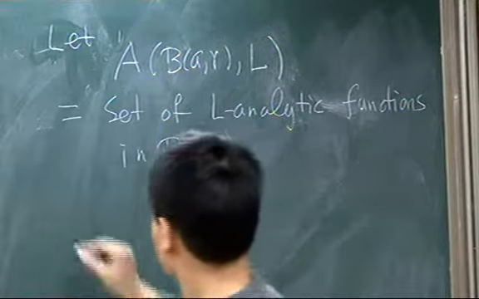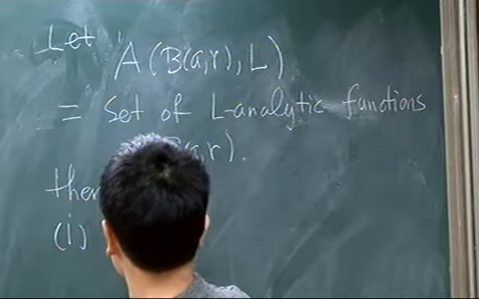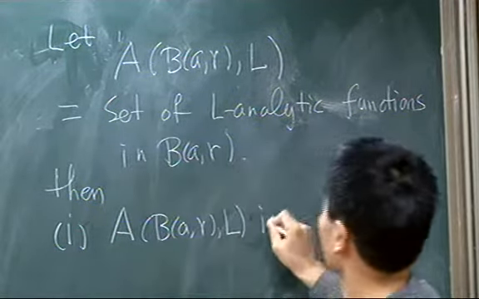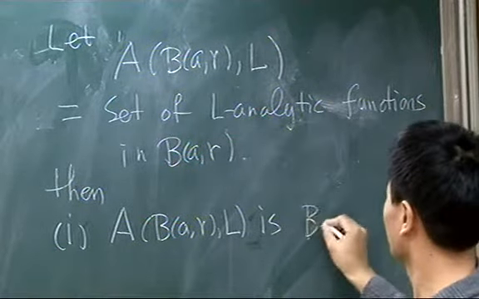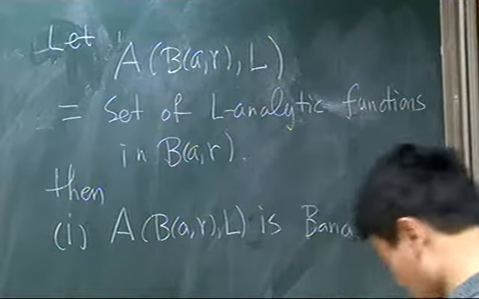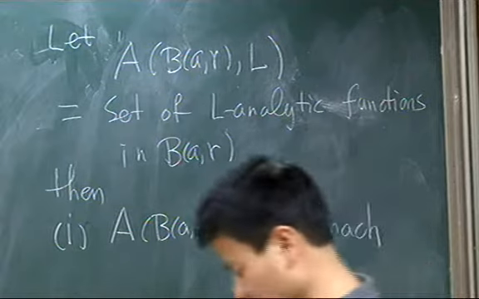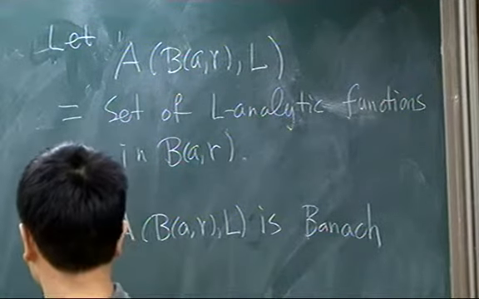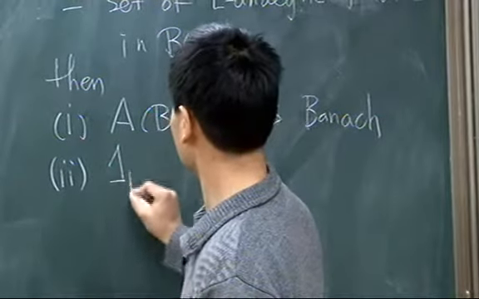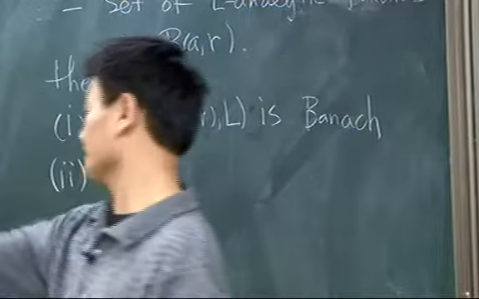Then the first thing is that this A is Banach. Under this semi-valuation, you can see this is Banach, and actually there is more. We can also find a basis, because you can always write a function like this.